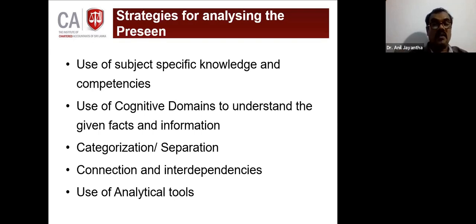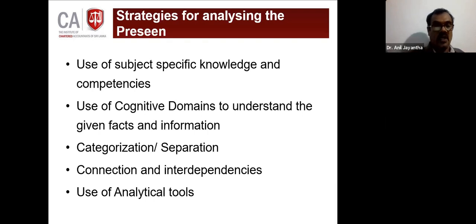So whereby you can develop something called mind mapping. I think you may have heard about mind mapping. You plot the information given in the preseen into these 4 basket linkages. Then you can have 4 sets of areas where you can highlight individual subcomponents, themes, ideas, aspects.